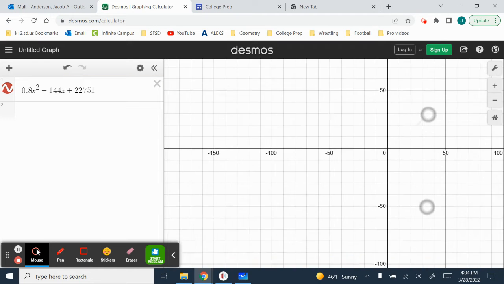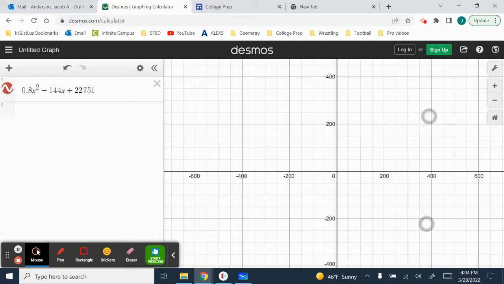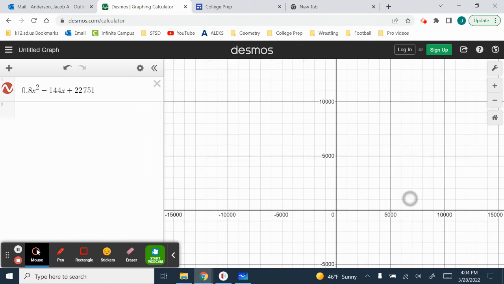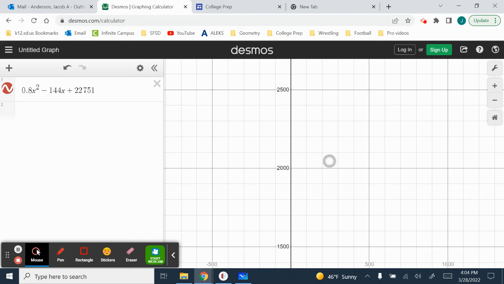I don't see the graph. I'm going to have to zoom out a little bit. Oh, where is it? Shoot. This is going to be pretty far out. So let's see. I can find my y-intercept. I know where that's located, unless I type something in wrong here.